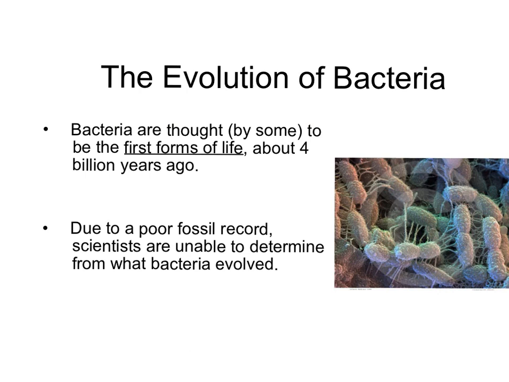Now, bacteria are really important when we talk about evolution because bacteria are thought to be some of the first forms of life, meaning one of the first cells. But due to insufficient fossil records, it is challenging for scientists to figure out what bacteria evolved from.